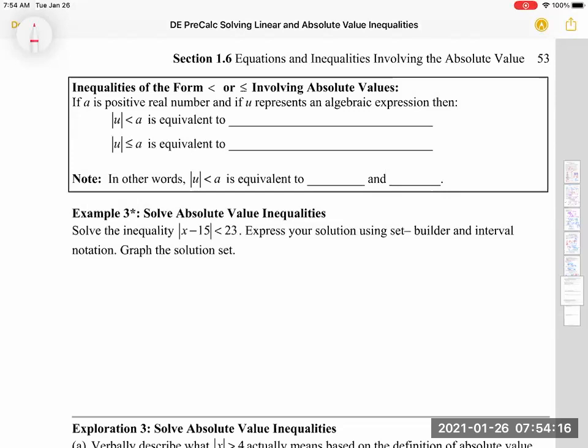This is going to be -a is less than u is less than a, like that. If it's the less than or equal to, it'll be -a is less than or equal to u is less than or equal to a.